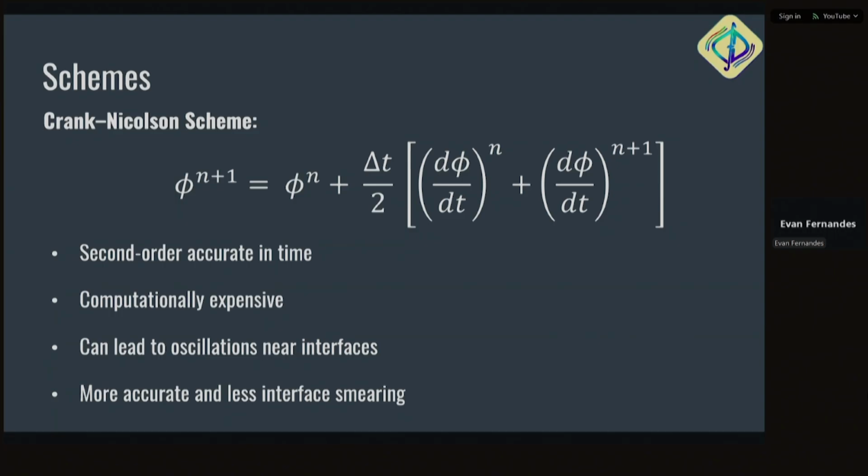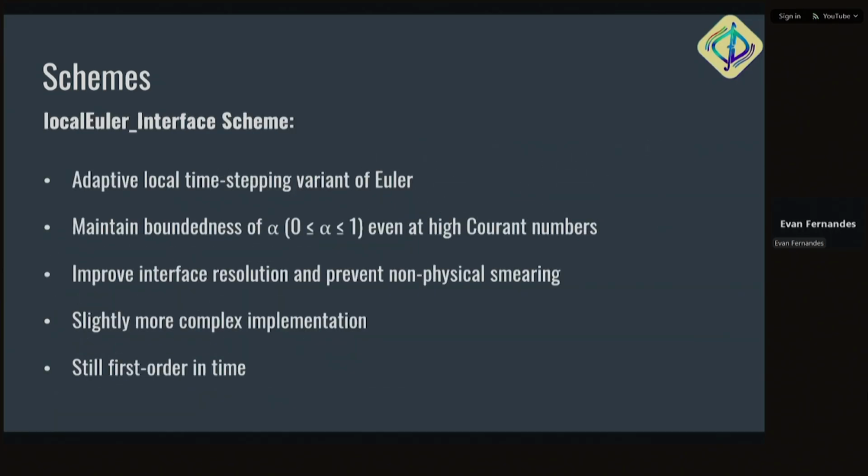Now you know the very first one, that is your Eulerian scheme, and you know the Crank-Nicholson scheme. So that brings us to the third one, that is your local Euler interface. What this scheme does is, it's obviously a first order scheme, so it is on par with the Eulerian scheme itself, because the backbone is that. But what it does is that it adapts the interface.